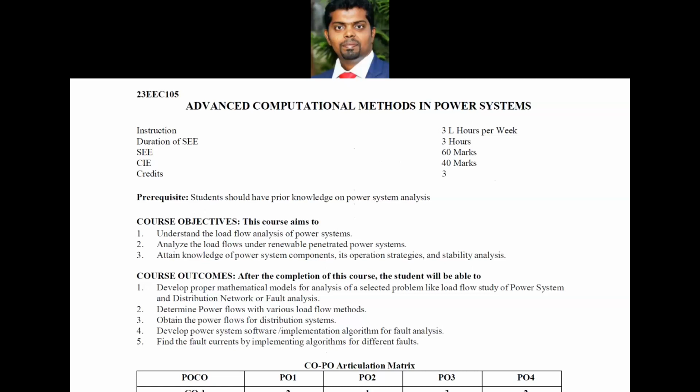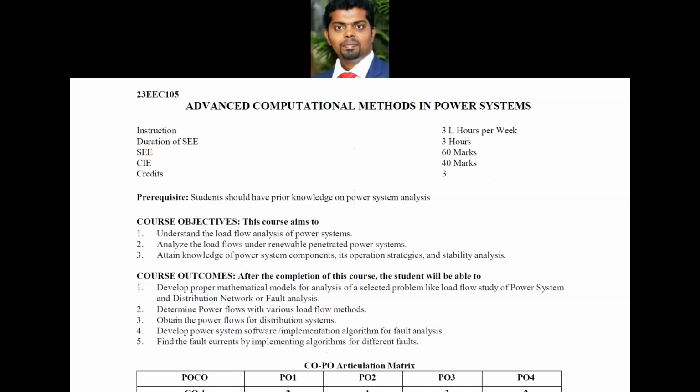As the name comes, computational methods, actually in power system there are many complex networks. Say for example, if you want to do the load flow analysis for a 2-bus system or 3-bus system, easily you can analyze.